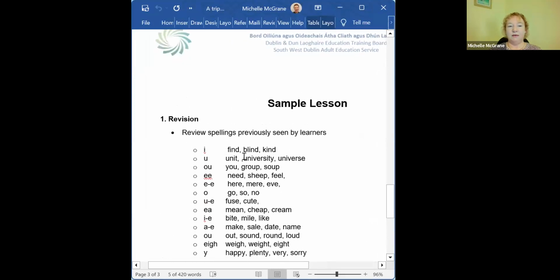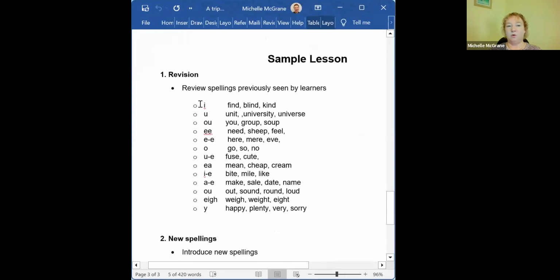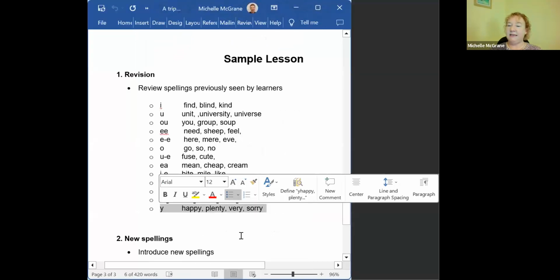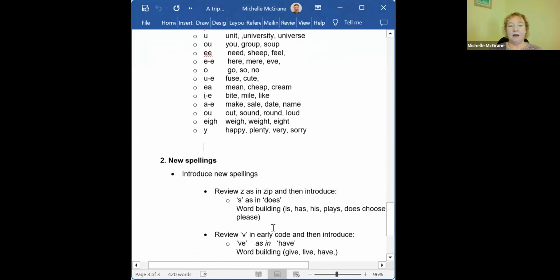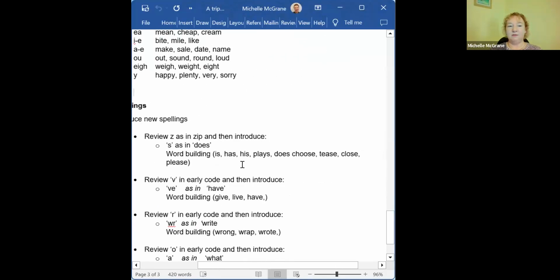So first of all, we literally look at the sound. So we pick out words and we talk about how they are examples of sounds that they've already learned. So we already talked about Y as a spelling for the sound E. And so we will look at sorry, very, plenty, happy. Now, I will also introduce some new sounds.